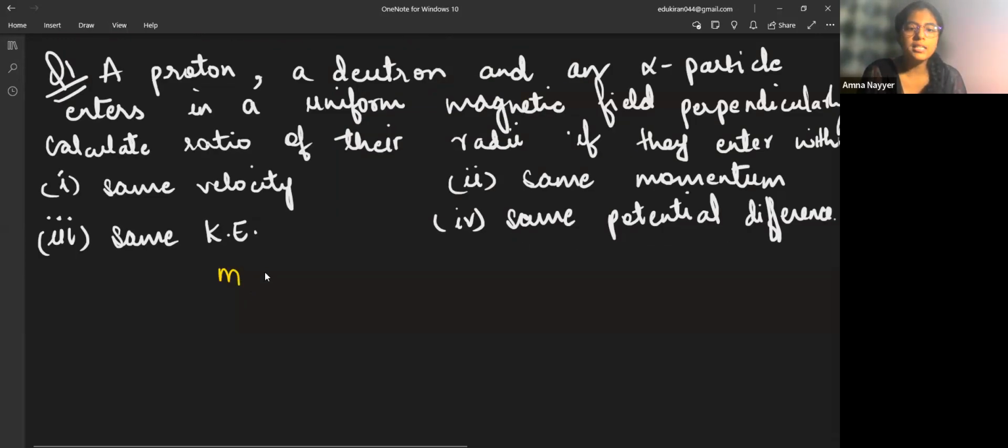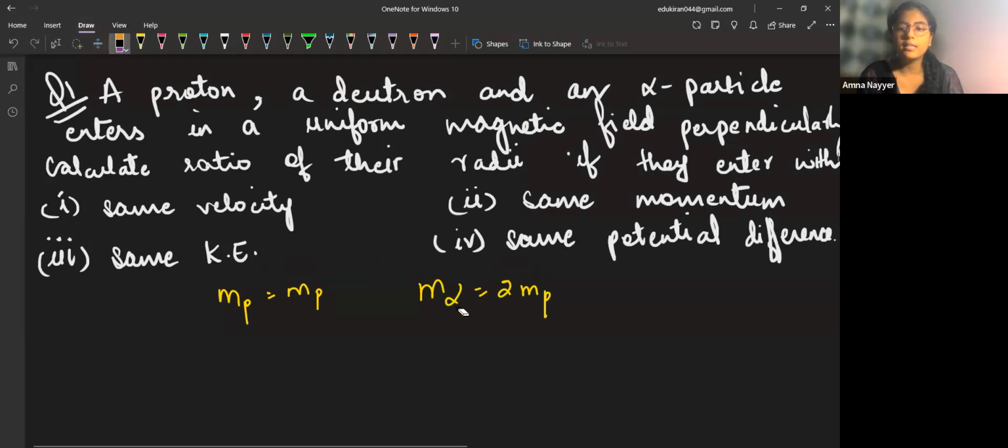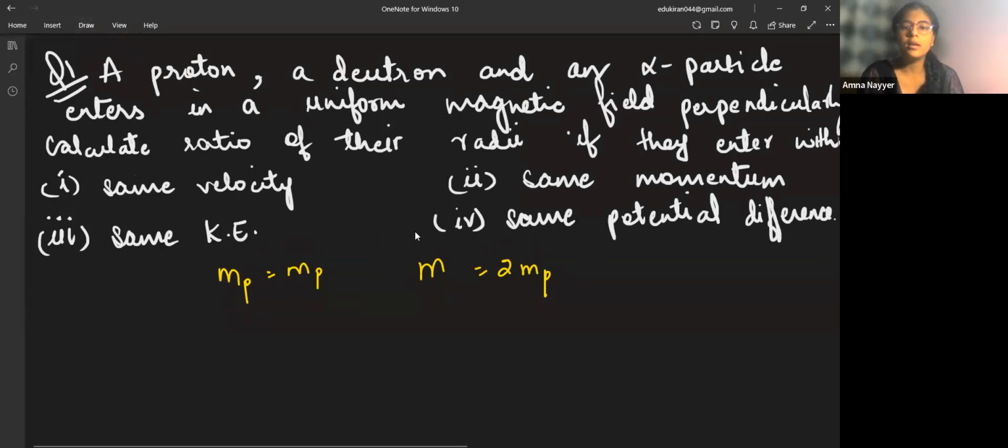Let's say the mass of a proton is mp. We have to find the relation between all of these quantities. The mass of a deuteron is double the mass of a proton, and the mass of an alpha particle is 4 times the mass of a proton.